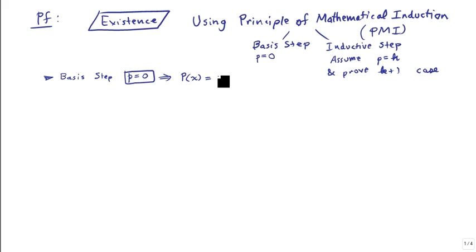So let me just call that polynomial, capital P, some constant, and we'll just use the letter C for the constant for now, okay?